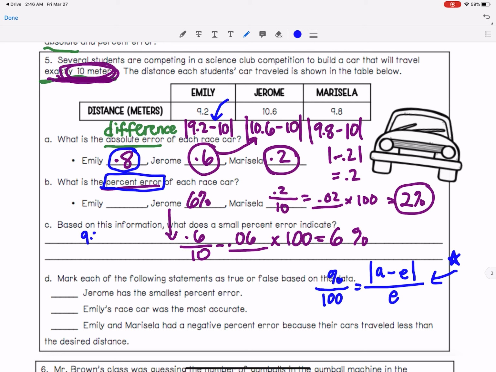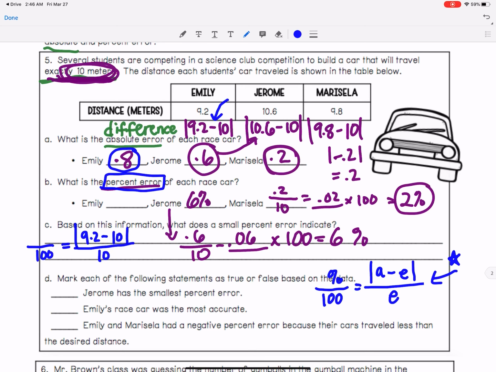So the absolute value of 9.2 minus the exact value of 10, all over 10, and that's going to give us a number out of 100, and then we turn that into a percentage, okay? That was me breaking it down and really writing out the equation for you.